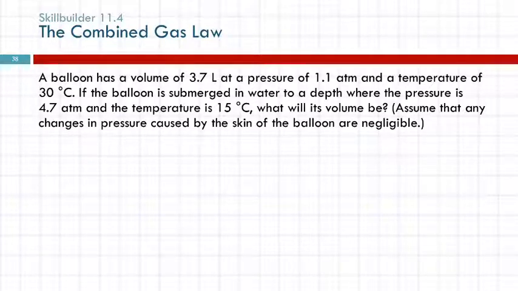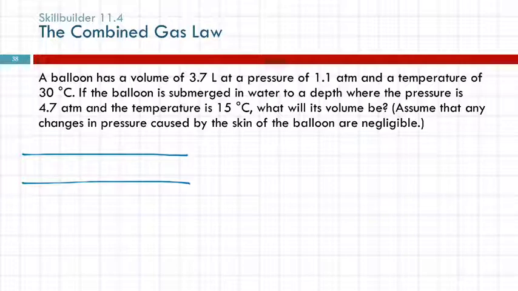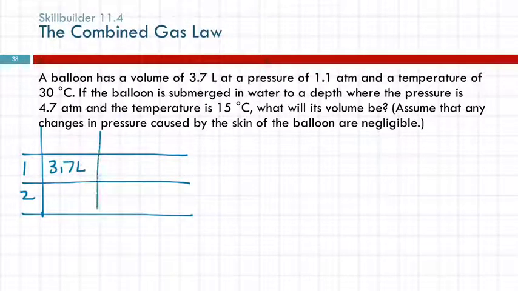So, read through the problem. I'm going to make a table. If you are more comfortable just listing things, that's absolutely fine. So, volume 3.7 liters at a pressure of 1.1 atmospheres and a temperature of 30 degrees Celsius.